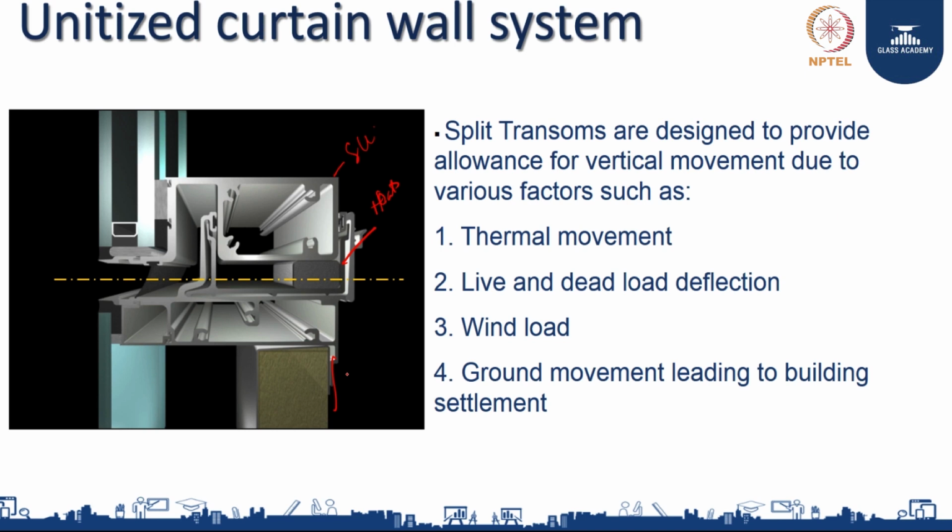And the third one, the most critical one, is wind load. So the system you design has to take care of wind load as well. See, when wind is blowing, sometimes you have a typhoon. If you get a too rigid system, what will happen?